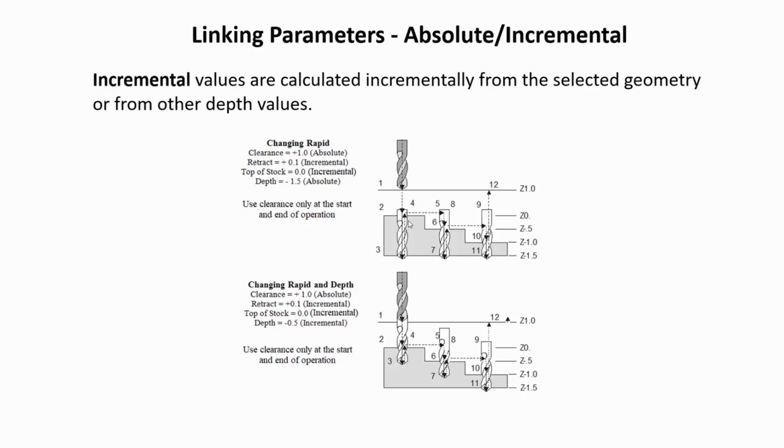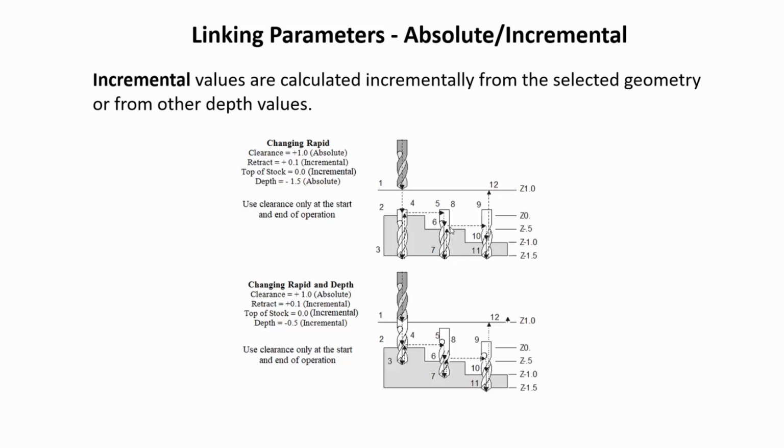After that, it's going to retract up to the retract plane, which, remember, is set to incremental 100 thou above the top of the stock. It's going to rapid to the next hole and then rapid down, still 100 thou above the new top of the stock, and then feed in up to Z minus 1.5.